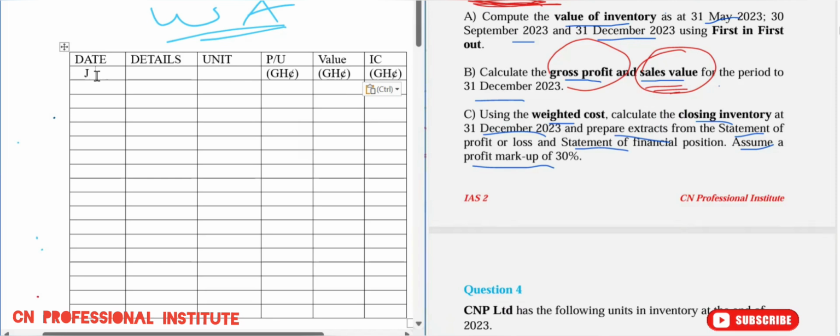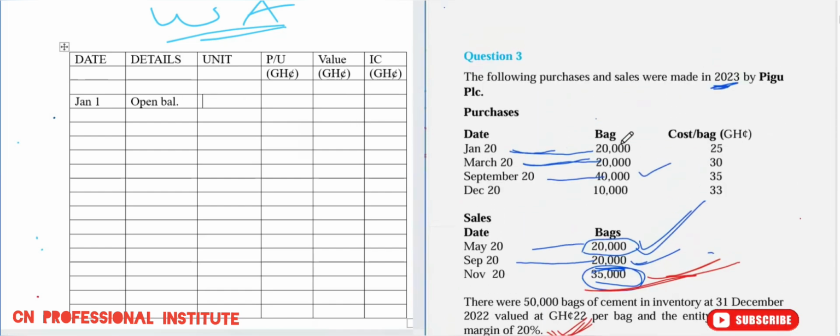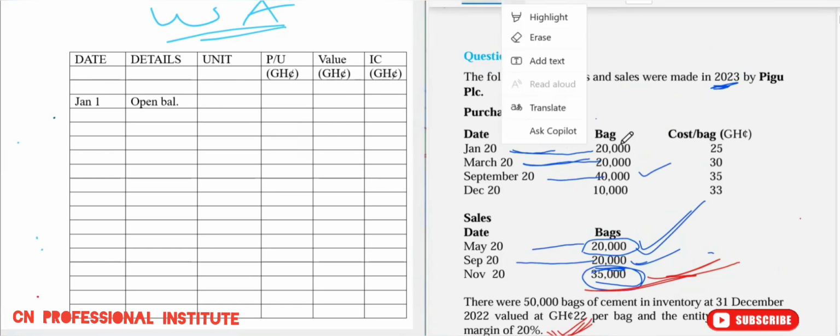So let's wipe this one and bring it here. So Jan 1, what's the detail? It's opening balance. How many units? So the same thing here. Okay, so we are in the same question.